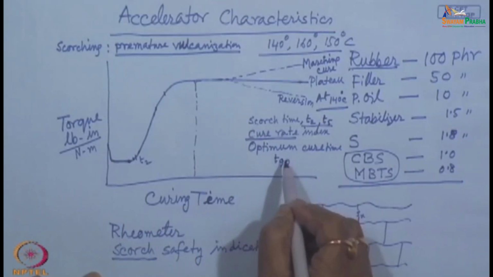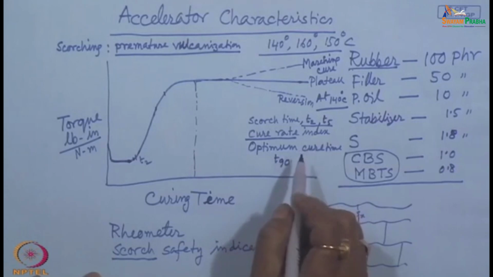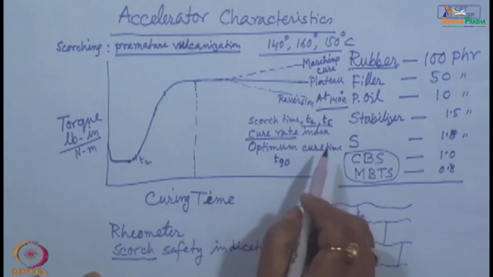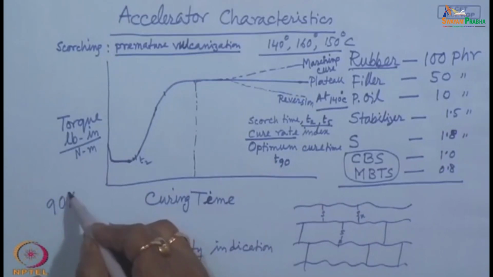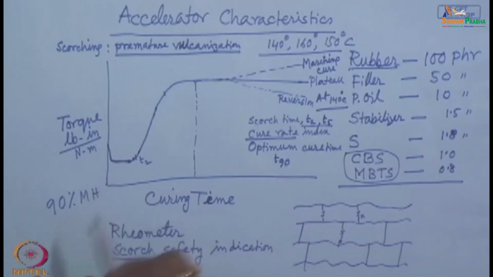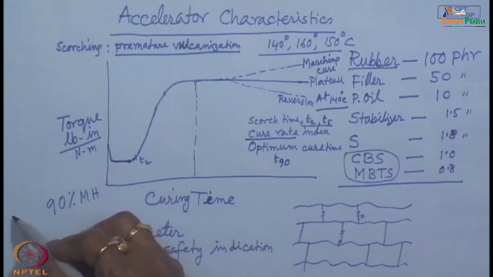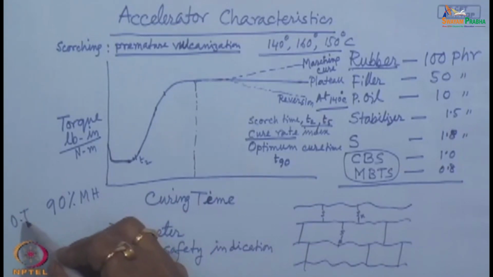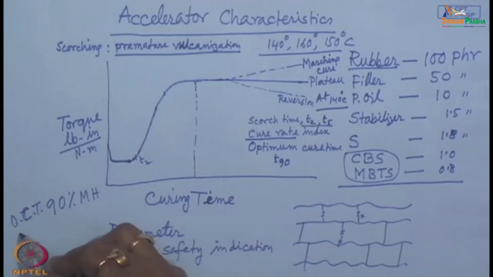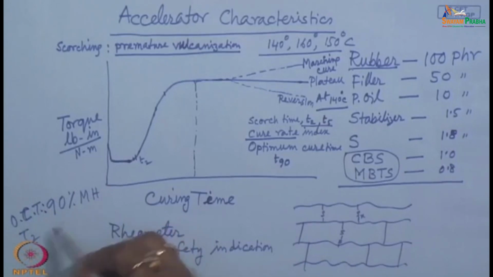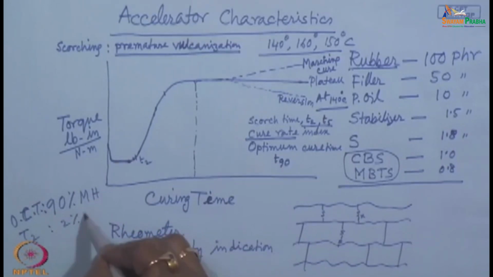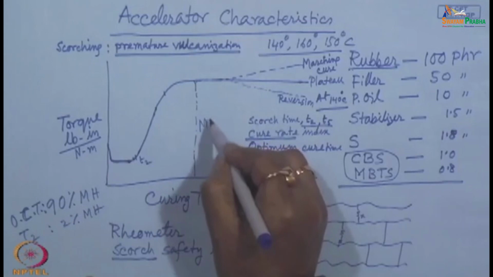That means the time required to achieve 90% of maximum torque, say mH. This is optimum cure time OCT, and scorch time T2. So, this is 90% of maximum torque, this is 2% of maximum torque mH.